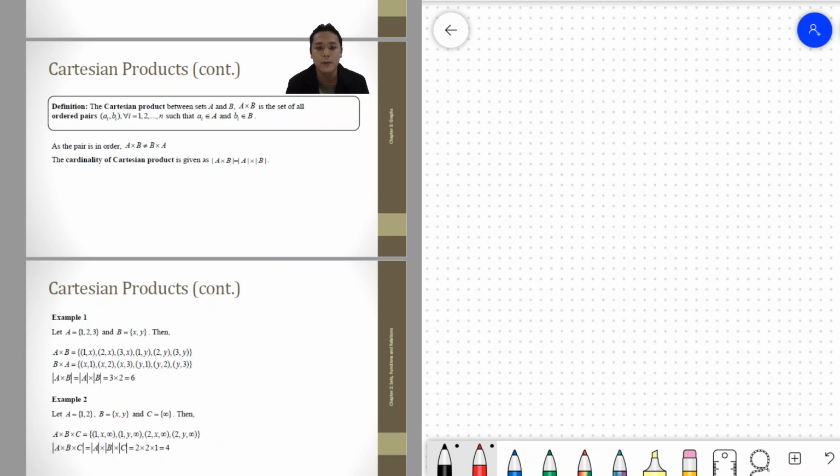Next we proceed to the example which involves 3 sets. If you involve the Cartesian product between 3 sets, it is known as ordered triplets or a 3-tuple.